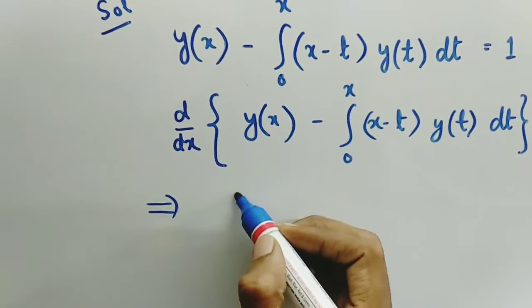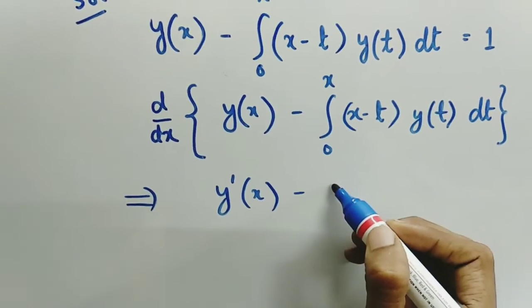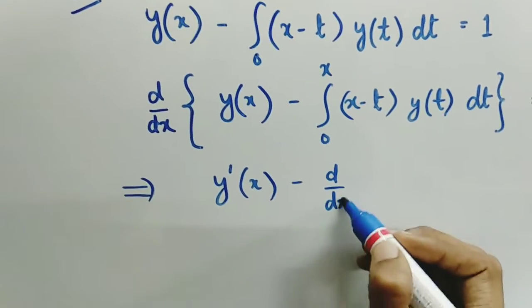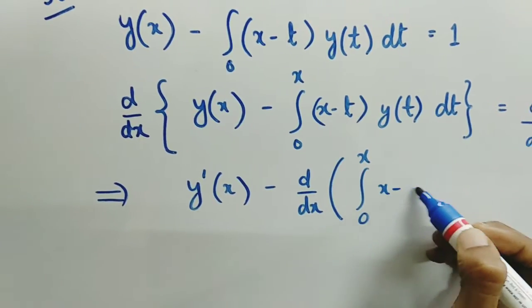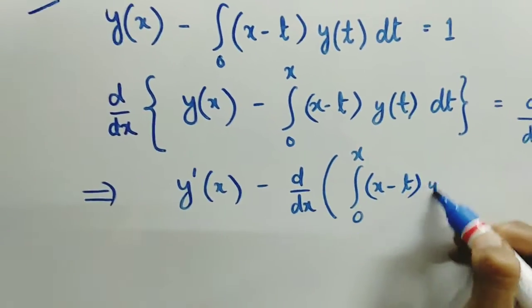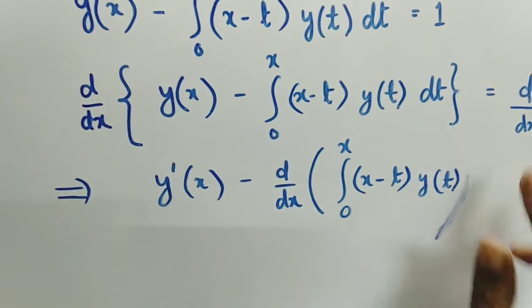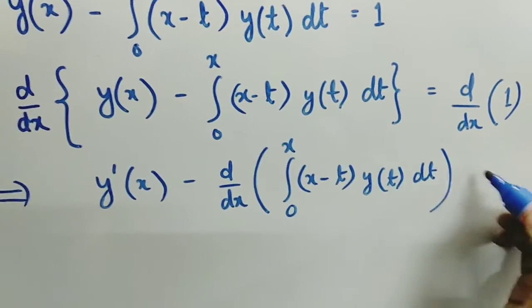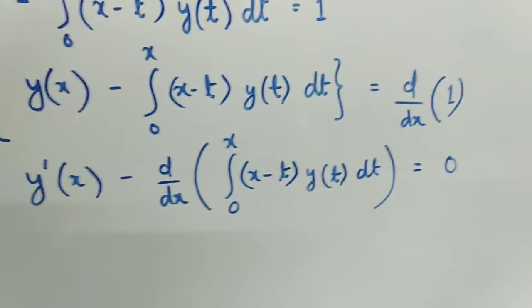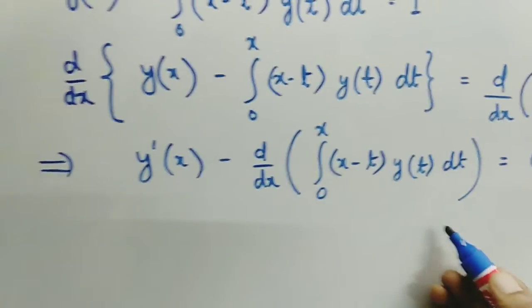So left hand side को पहले differentiate कर देते हैं with respect to x, that is d by dx of y of x is y dash x minus d by dx of one integral, that is 0 to x (x minus t) y(t) dt. So जहाँ पर हम Leibniz rule लगाएंगे, Leibniz rule is for derivative of an integral, okay, and RHS is 0. Now next step में हम क्या करेंगे, y dash x as it is.